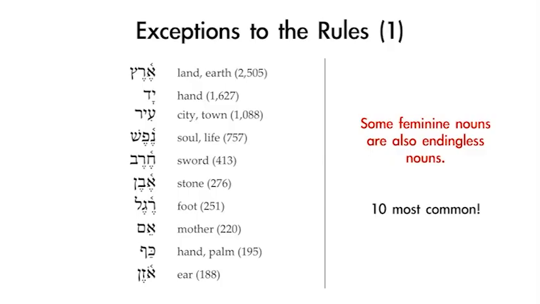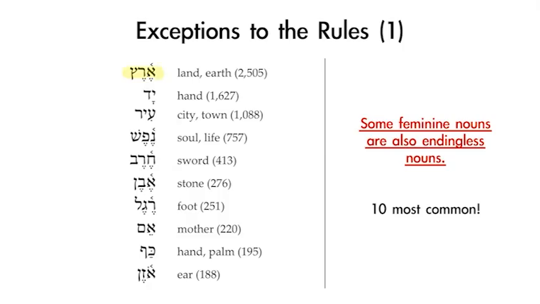The first one is this: some feminine nouns are also endingless nouns. That is, they won't end in qamets he and they won't end in tav. They will look like masculine singular nouns, but they will be feminine singular. The 10 most common nouns of this type are listed on the left side of your page.